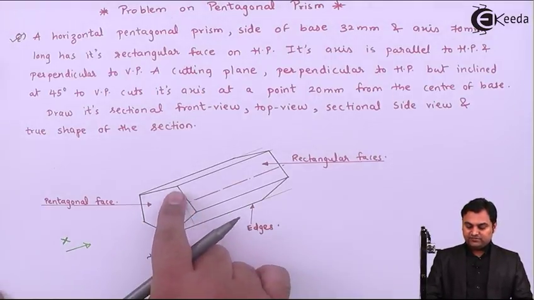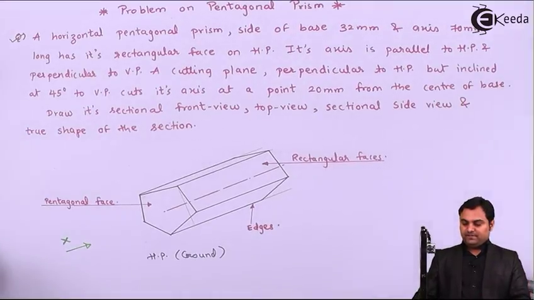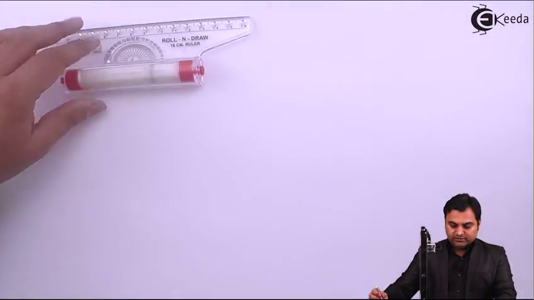This pentagonal face will be visible in VP, so starting with that, and it is having side of base as 32 mm. At first, drawing a light horizontal line.